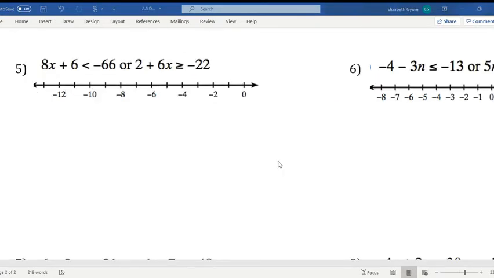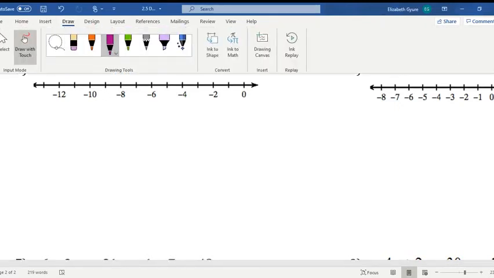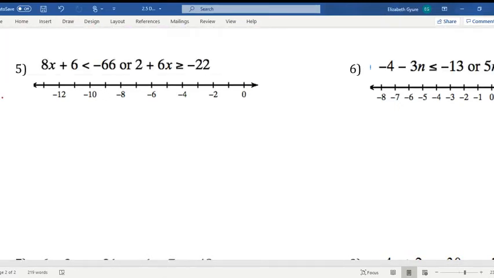8x plus 6 is less than -66. Oh, I know, I'm going to show you. So 8x plus 6 is less than -66, or 2 plus 6x is less than or equal to -22. So, is this one an and or an or?